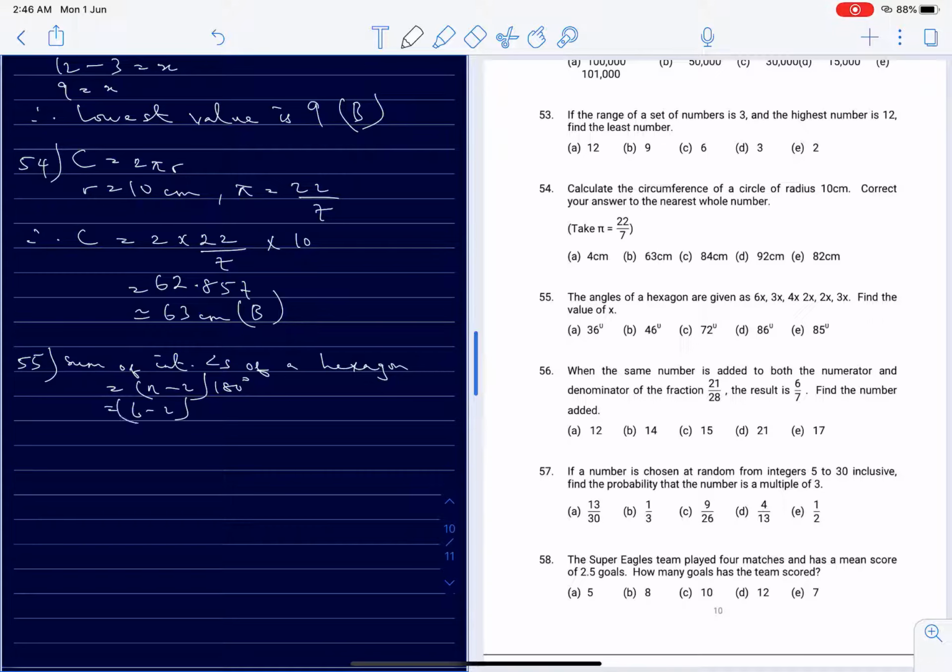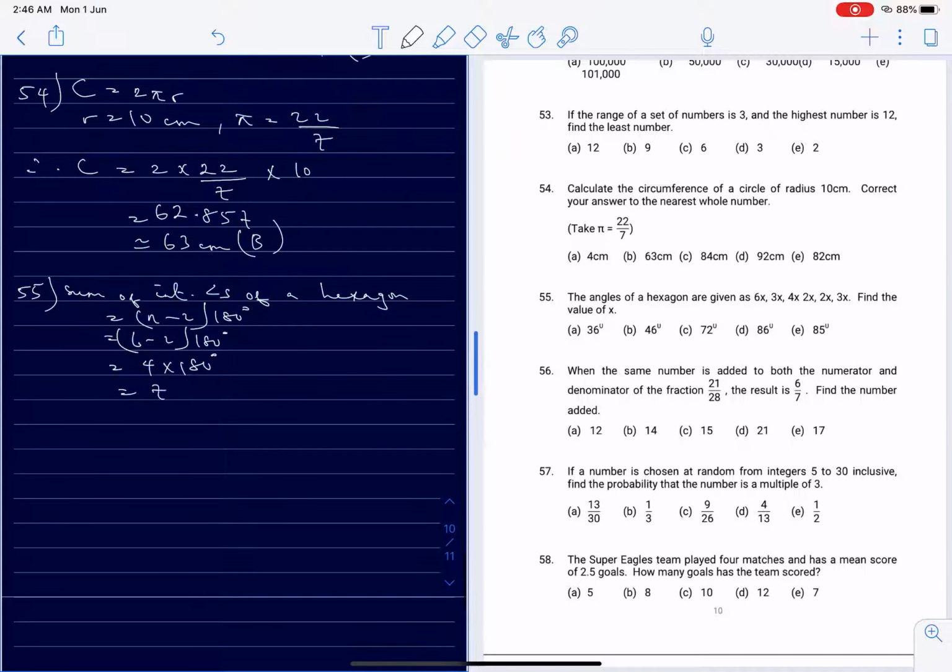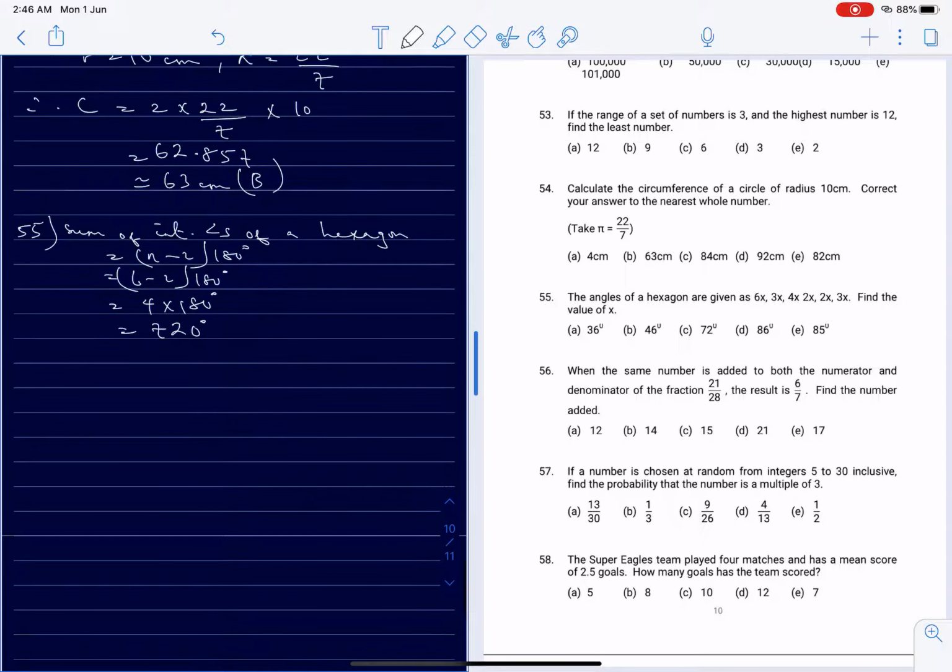That's 6 minus 2 times 180 degrees, which is 4 times 180 degrees, and that's 720 degrees. So the sum of all of the angles, 6x plus 3x plus 4x plus 2x plus another 2x plus 3x, equals 720 degrees.